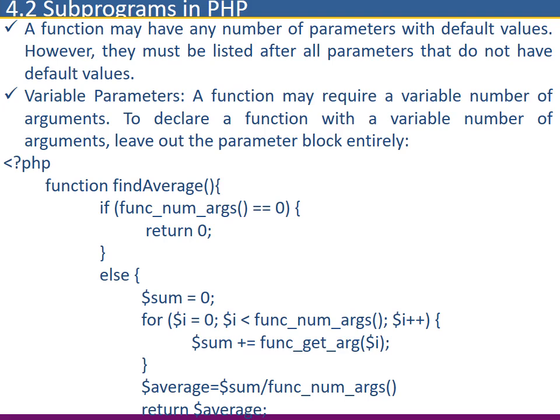You open the block, so $sum plus equal to func_get_arg($i). The $i you initialized with the increment under the looping statement.